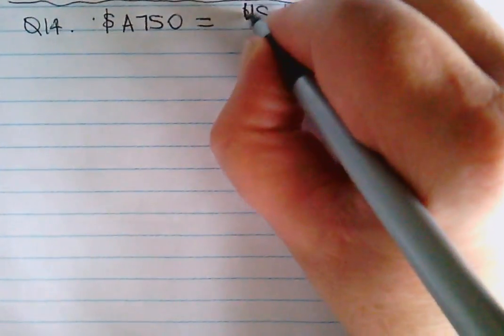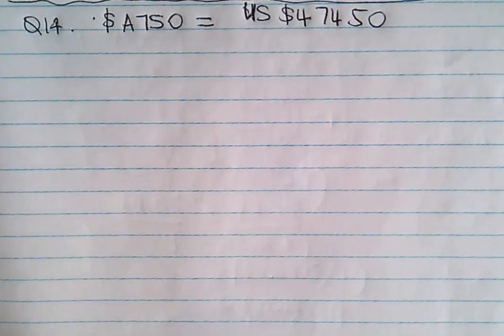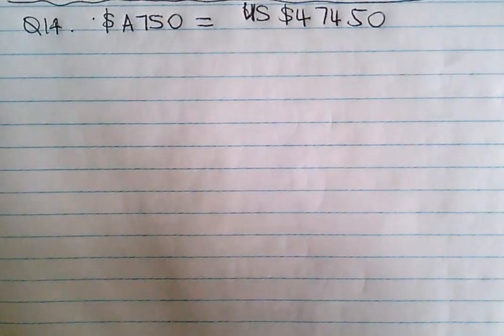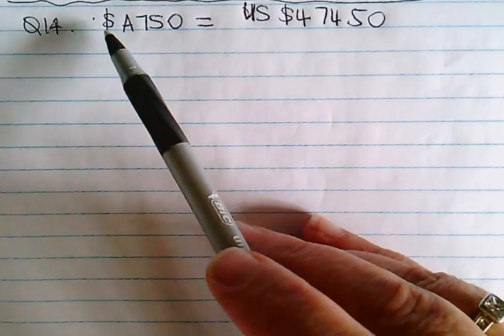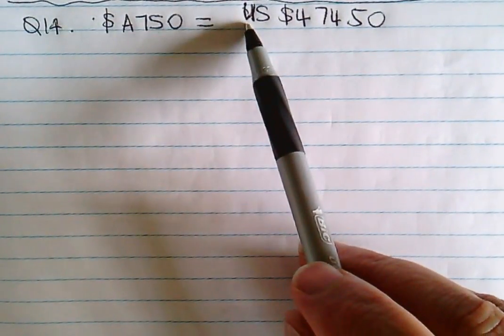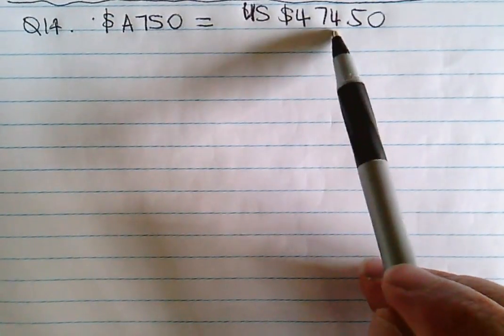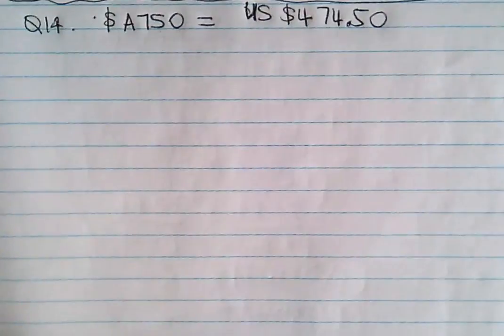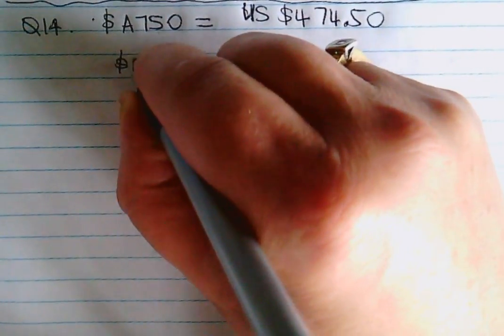So question 14 says that someone went overseas. Michaela, actually. Michaela went overseas and she found that $750 Australian was equal to US $474.50. I'll write it again.